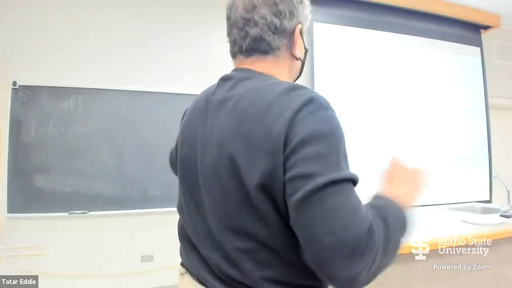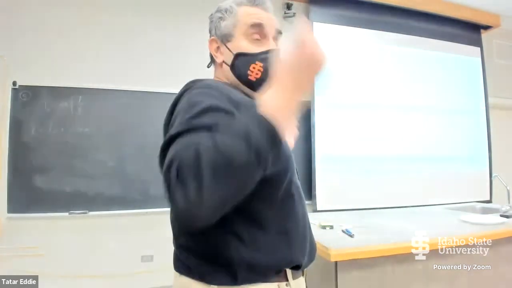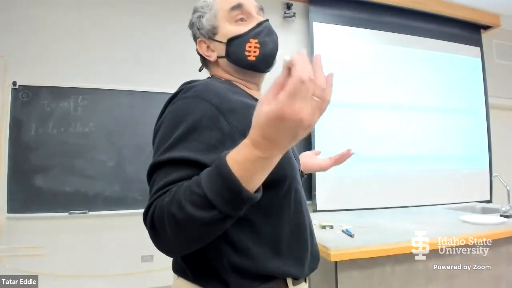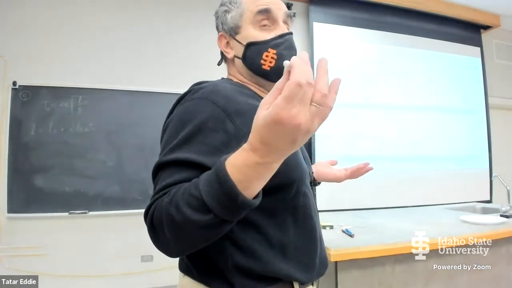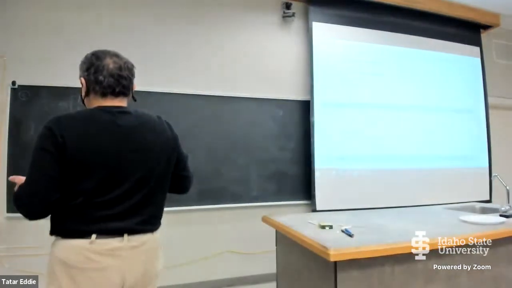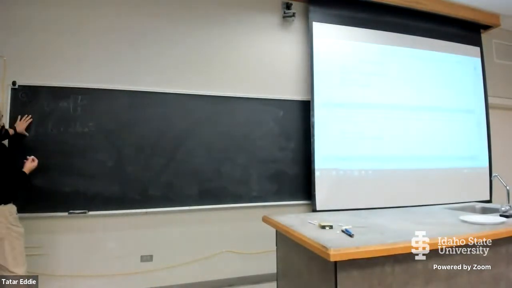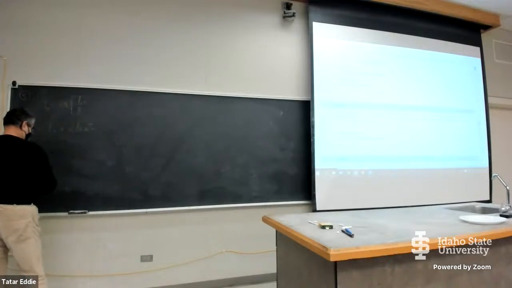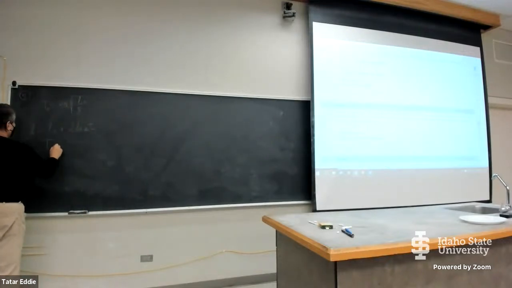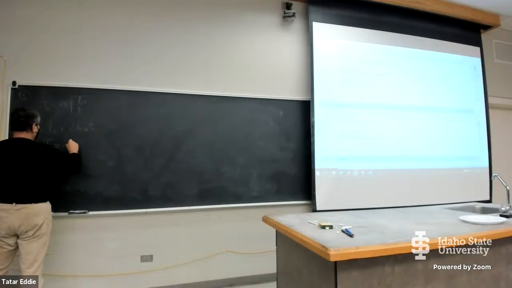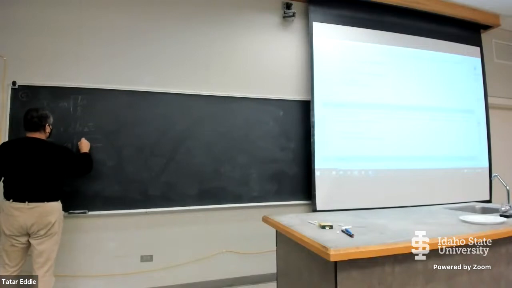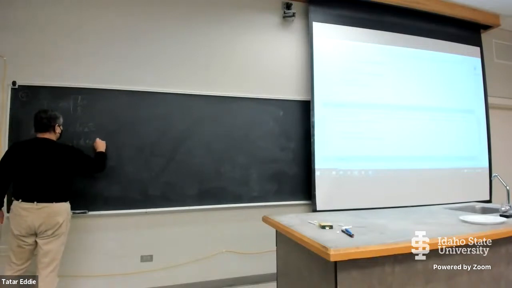The initial length is not given. So here is another example of how you shouldn't work with numbers when you can avoid that. With this new length, the new period of the pendulum is going to be 2 pi square root, and instead of L naught, I'll write the new length, L naught plus alpha L naught delta T, divided by 9.8.